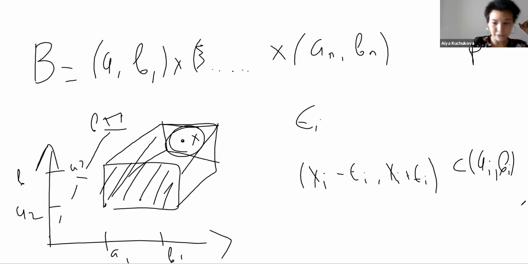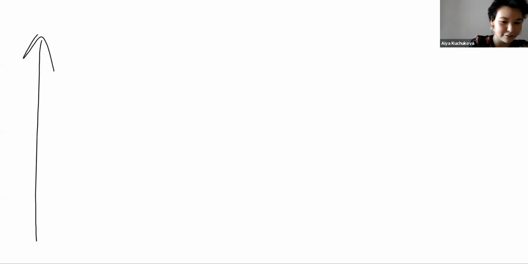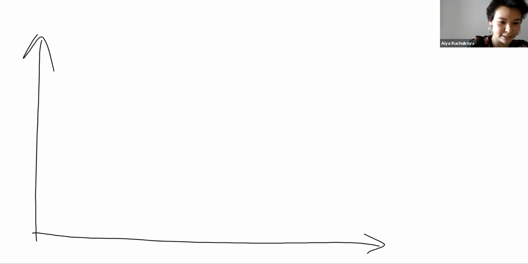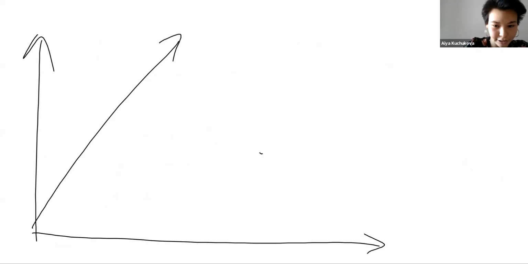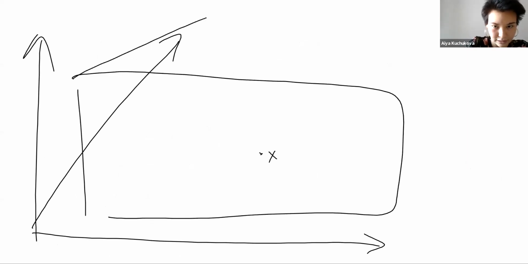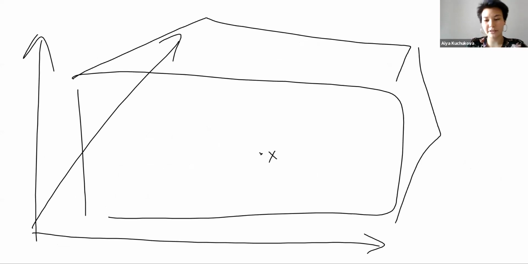Okay, and the way we do it is we're just showing that. Let me just, I think we just have to have nicer pictures that would make everything clearer. We have any random element x. We know that there is always some kind of a box around it, and it's A1, B1 and so on, right?